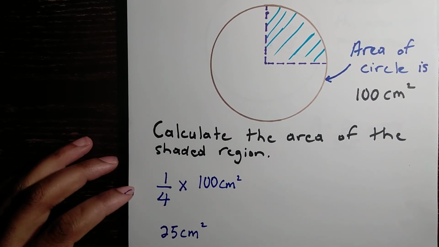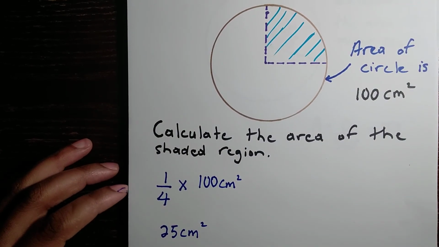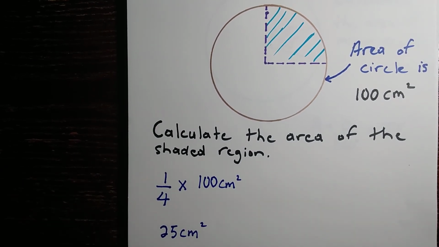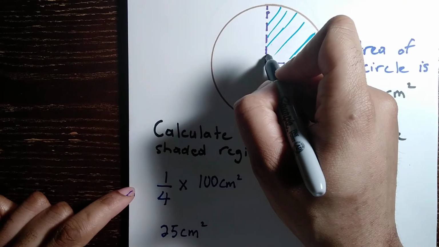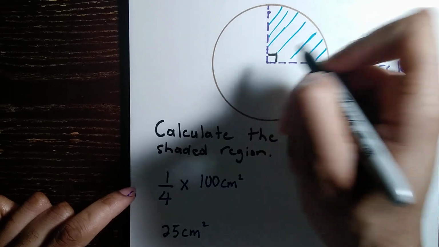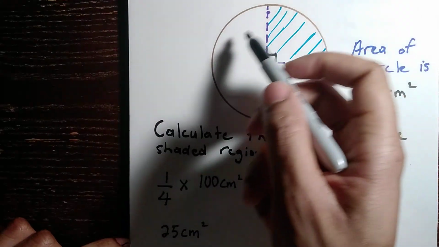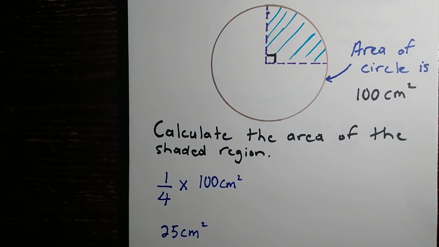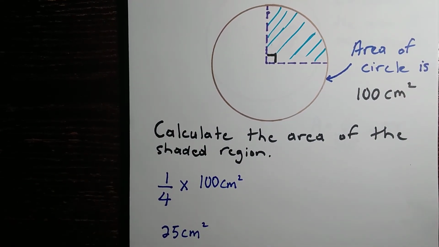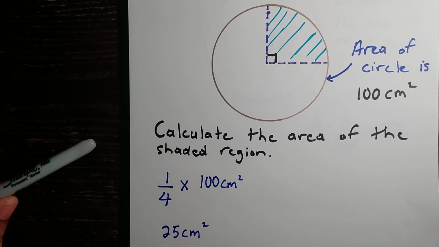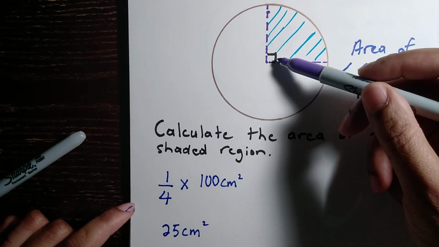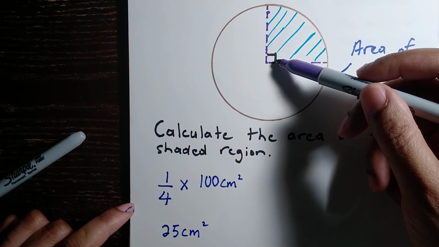We can use the relationship between the central angle and the complete revolution, which is 360 degrees, to get a fraction that has a value of 1/4. As you can see here, this angle is actually 90 degrees.